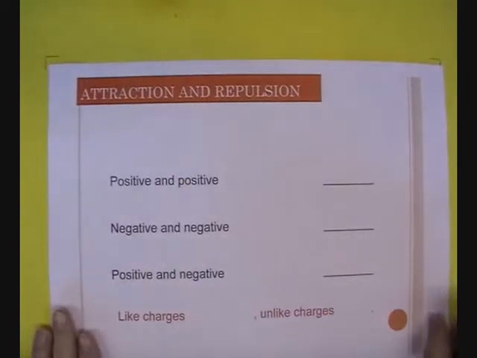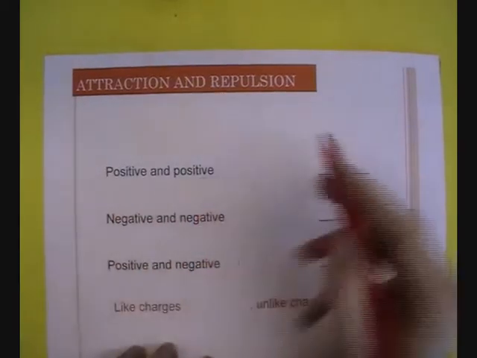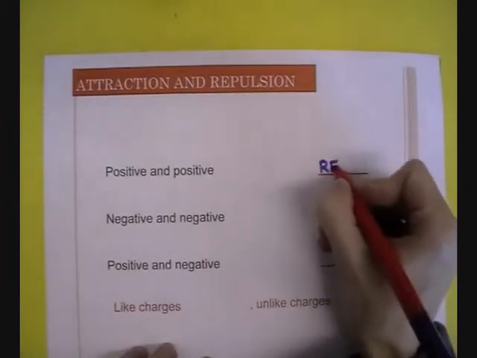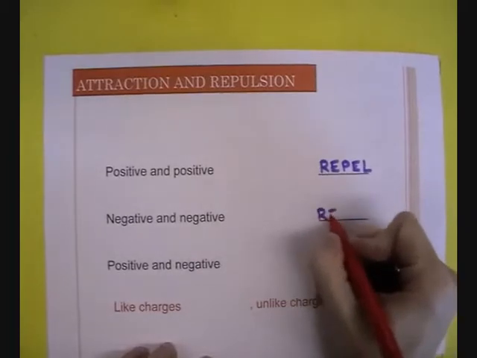Now, attraction and repulsion. So you know this already, especially from magnets. You already know that if you have like types of, in this case, charge, like positive and positive, they repel each other. So there's negative and negative as well.